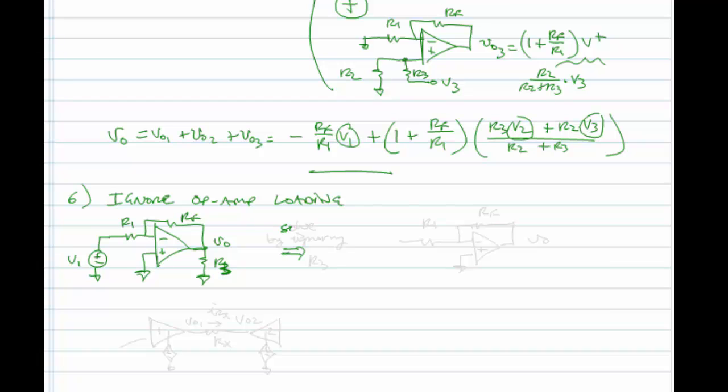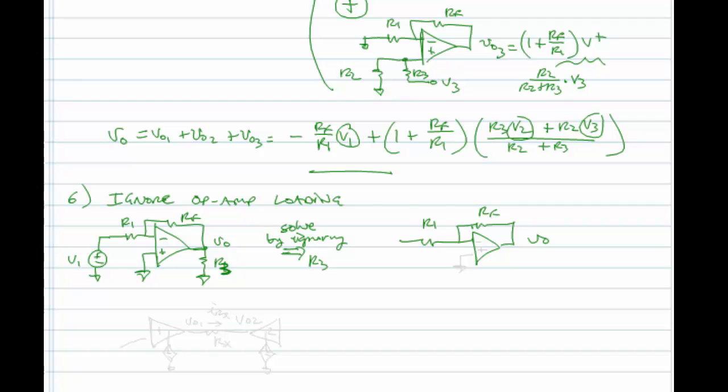Solve by ignoring R3. So V out will be the same as if you never had an R3.